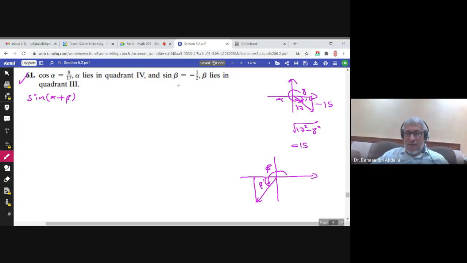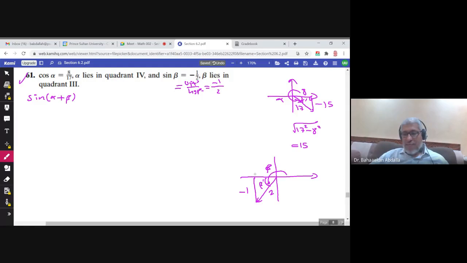Well, the sine is the opposite over the hypotenuse. The hypotenuse cannot be negative, so the opposite is negative 1. And you can see that the opposite here has to be negative because y in the third quadrant is negative. And the hypotenuse is 2.